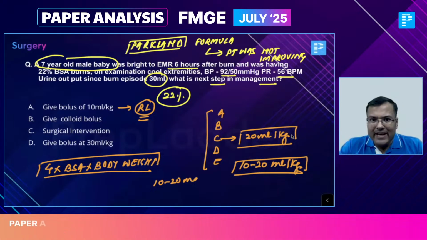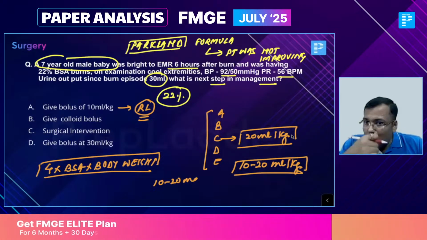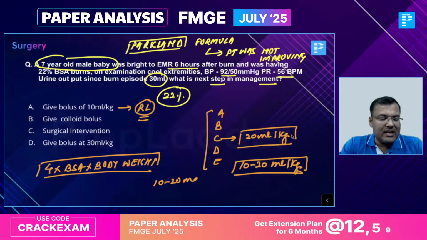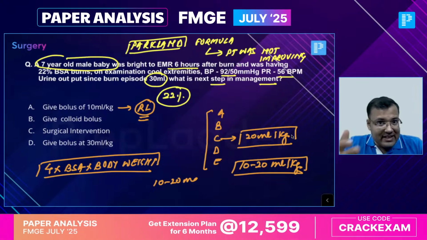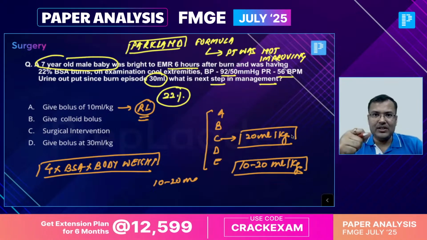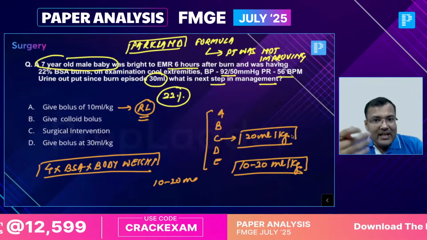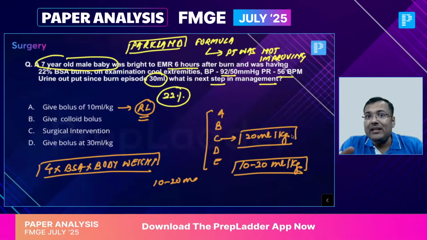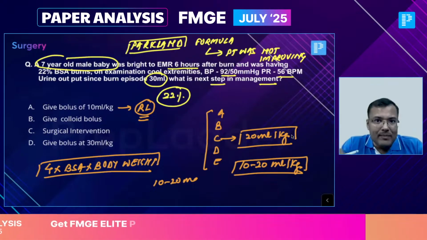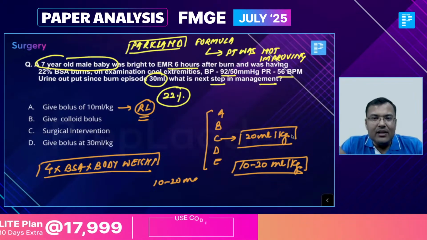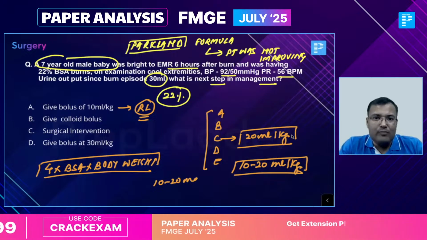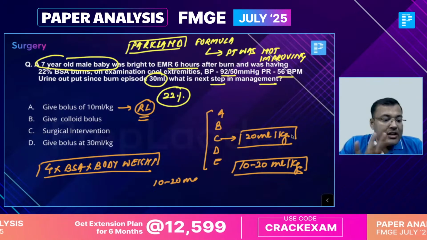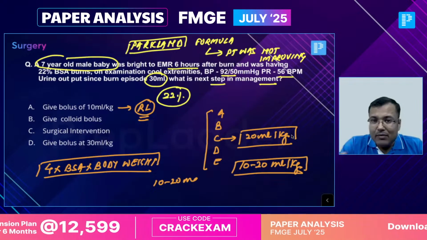If you see Bailey 28th edition, the new or advanced Parkland formula also has 4 ml per kg. And where is the correction? If in the question ATLS modification is given, and it is an adult or the child's age is more than 14 years, then it is 2 ml. Less than 14 years and body weight up to 30 kg, it is 3 ml. And if it is electrical, then it is 4 ml. So that's not new Parkland. It is ATLS modification of Parkland.